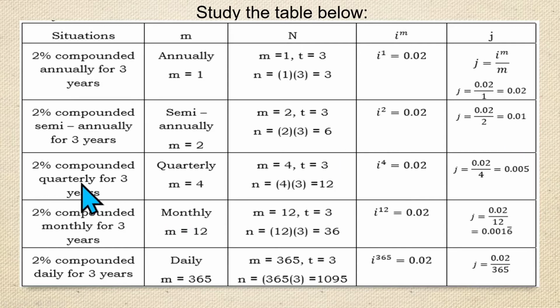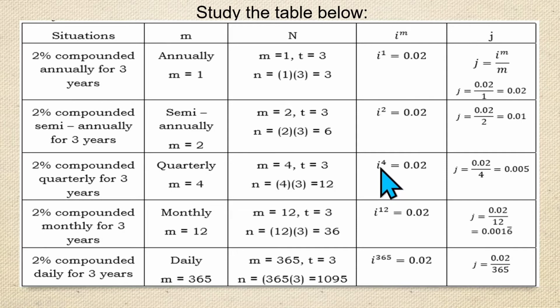Next, on the third situation, 2% compounded quarterly for 3 years. When we say quarterly, it is 4 times a year. Then m is equal to 4. And then again, to find the n, you multiply the m by t. So m is equal to 4 and t is equal to 3 because 3 years siya. And then 4 times 3 is equal to 12. So n is equal to 12.